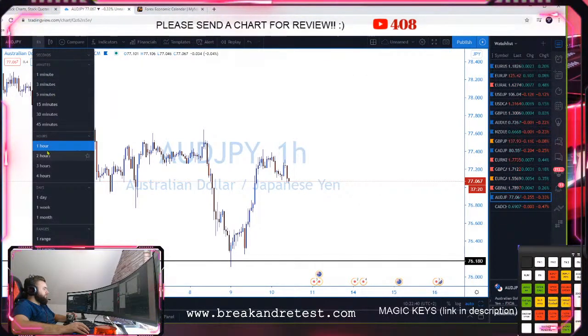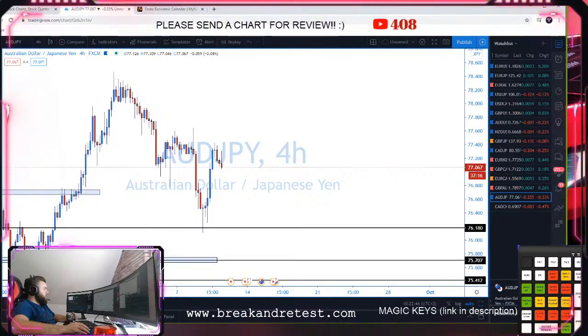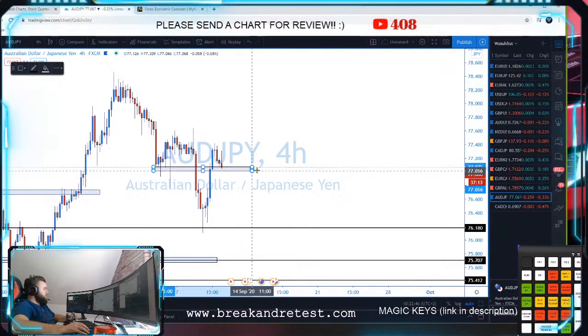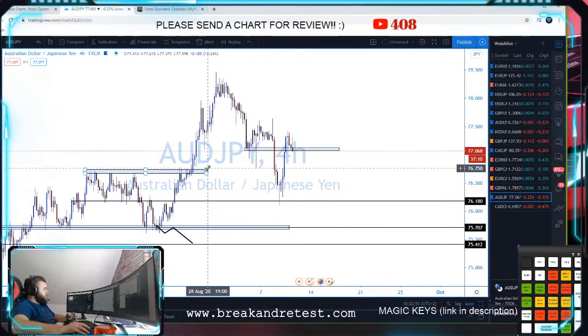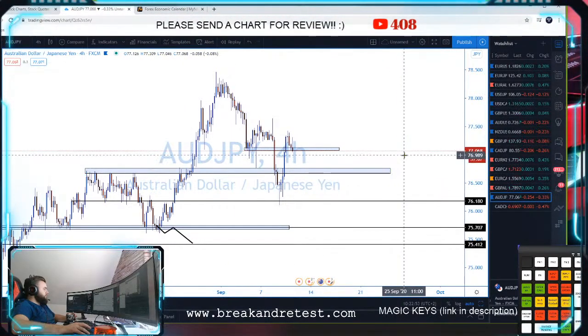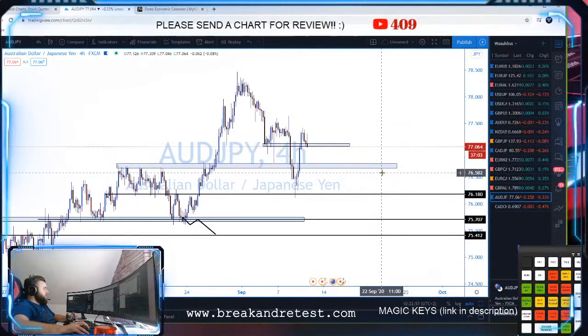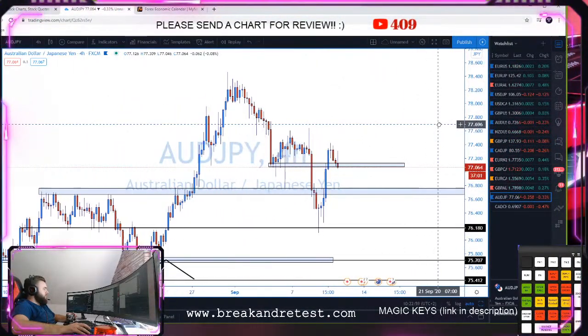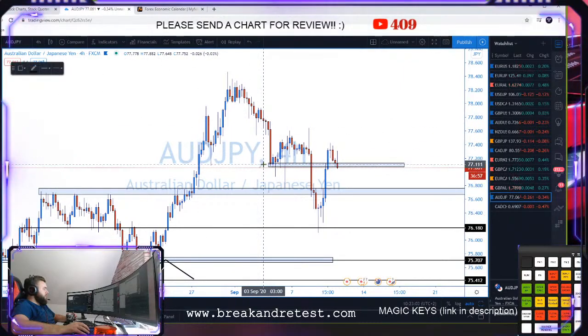AUD/JPY. What about AUD/JPY? Maybe if we do break below this 4-hour support, then we might take some trades here. I think it looks pretty good. If we do close below this, we have free traffic all the way down to the next support here.